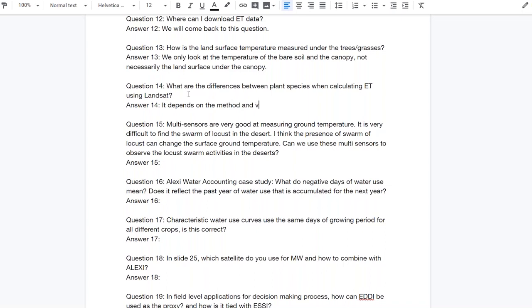A lot of methods use some estimate of leaf area index or the fraction of green leaf in a given pixel. When we run these on a more regional or continental or global scale, we have to make some assumptions where we don't have a lot of detailed information when it gets down to actual what kind of species.